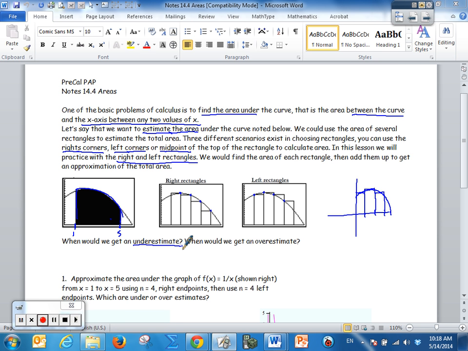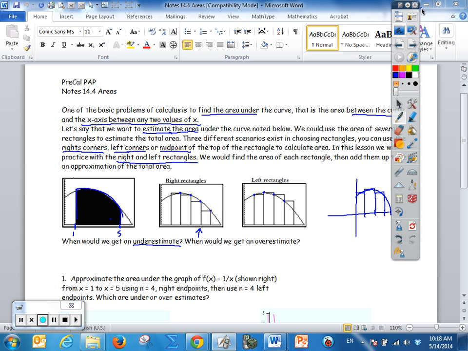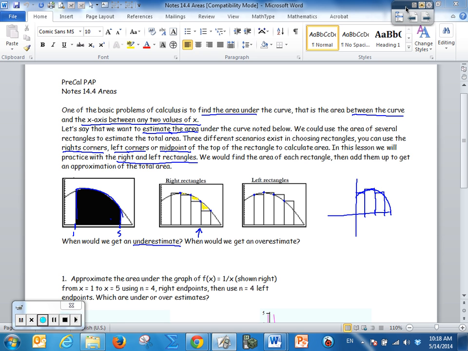Well, if you look at this picture right here, you'll see that the rectangles don't really fill the space very well. There's some empty space left out here. I'll just kind of highlight it. That is part of the area, and this technique using right rectangles on a decreasing function is not giving us a pretty good estimate.